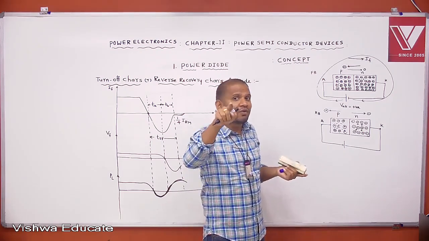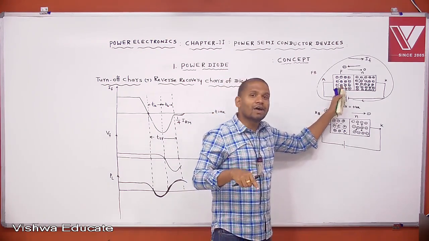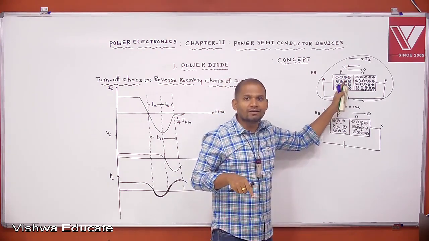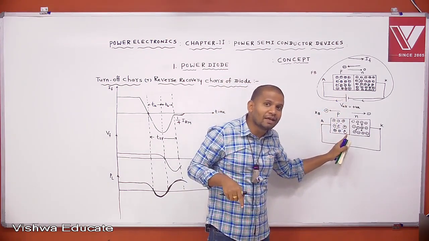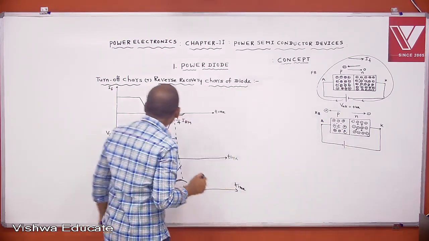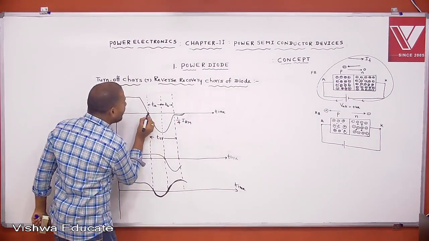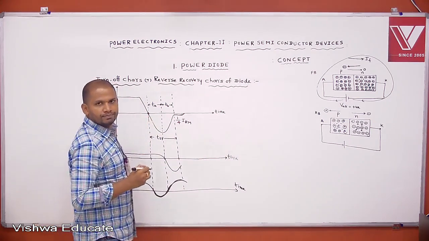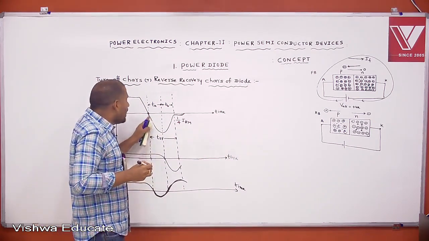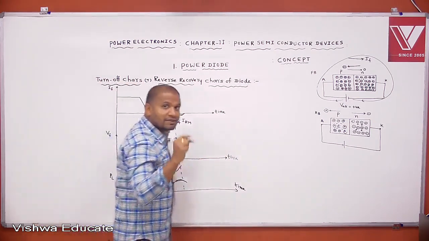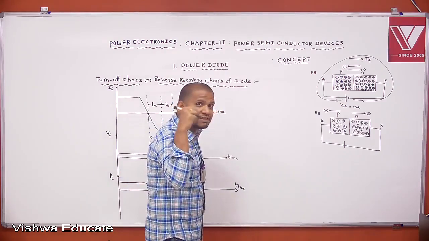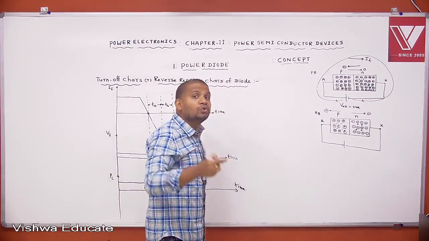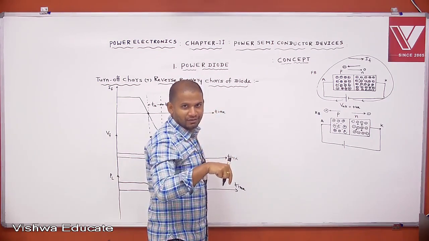When are we getting forward current? Because of crossing of majority carriers. But is there any crossing of majority carriers? No. That's why slowly the forward current falls to 0. But even though forward current is 0, there still exists a current due to minority charge carriers.